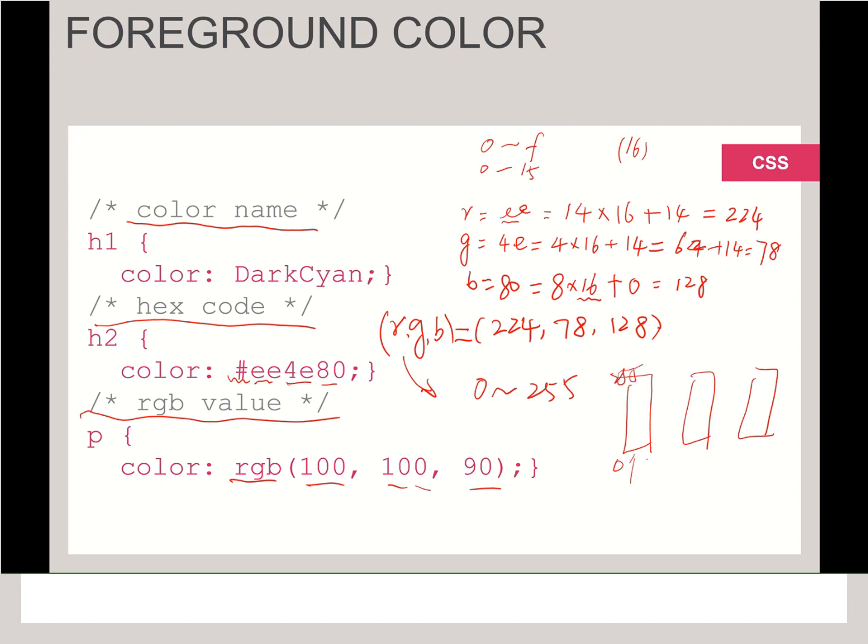So how much red, how much green, how much blue you want to have, and then mix together you have the final color. Okay, this is how we understand the color. For example, if each one is 0, 0, 0, that will be black, correct? If each one is 255, strongest, that one will be white.